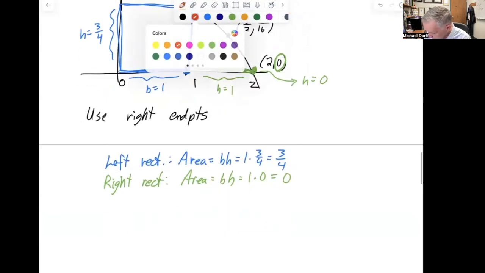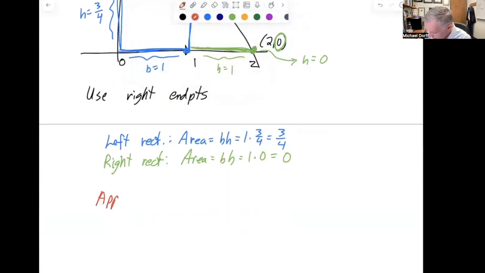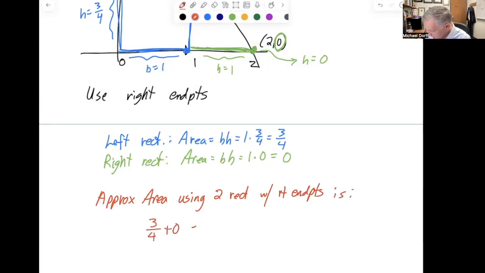So the approximate area using two rectangles with right endpoints is 3/4 plus 0, which is 3/4.